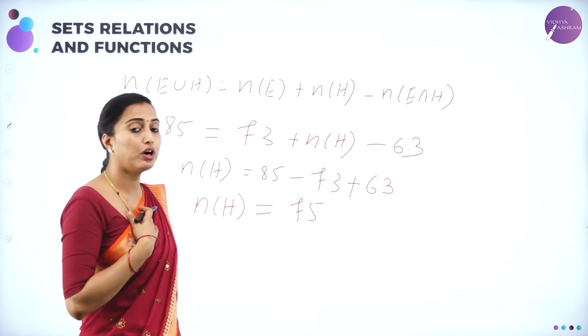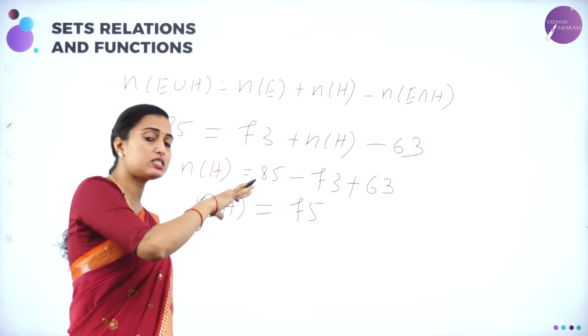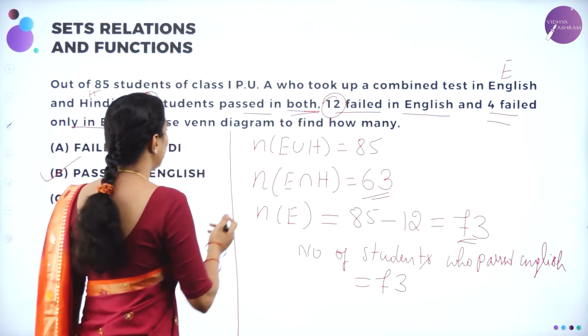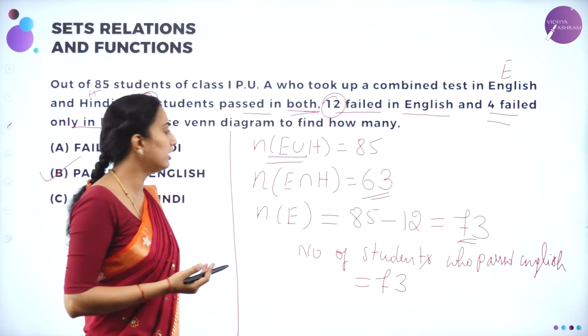Now what I want is those who failed in Hindi. Who failed in Hindi means the number of students who passed in all and then failed in Hindi. In all the subjects union, this one, 85 minus 75 will give you failed in Hindi, right?